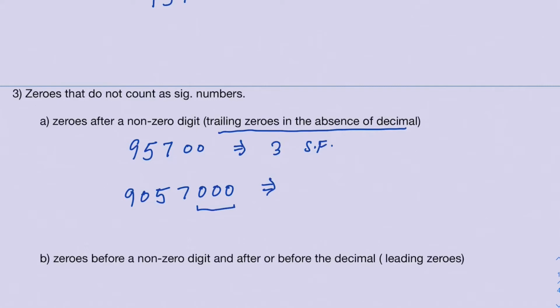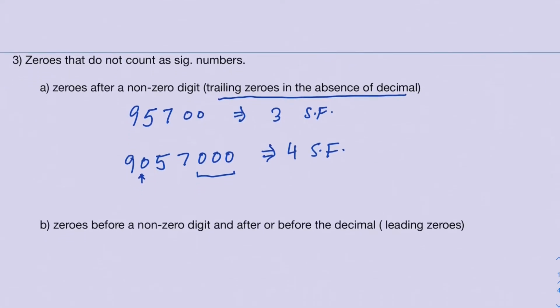Okay, and then what about the 0 that's between the 9 and 5? Well, that goes back to rule 1, where we said if you have a 0 that's between the non-zero digits, that would count as a sig fig. So in this case, it's going to be 4 sig figs. Okay, so those are the trailing zeros in the absence of the decimal. They are not counted as sig figs.